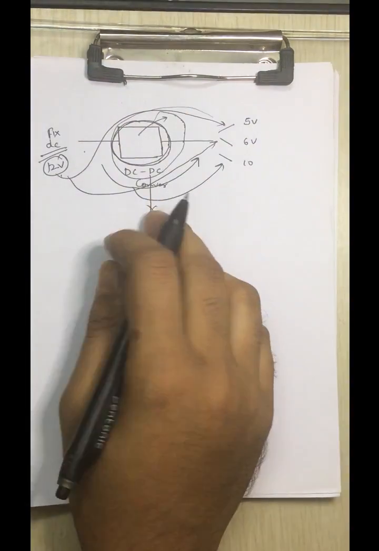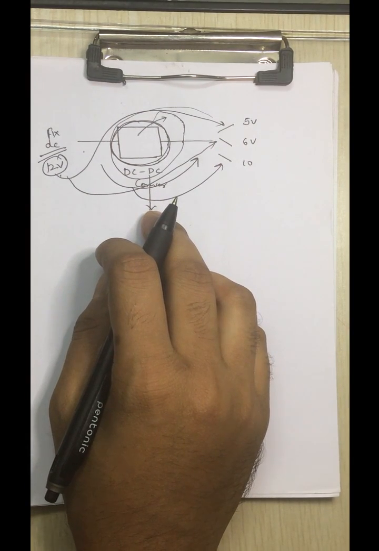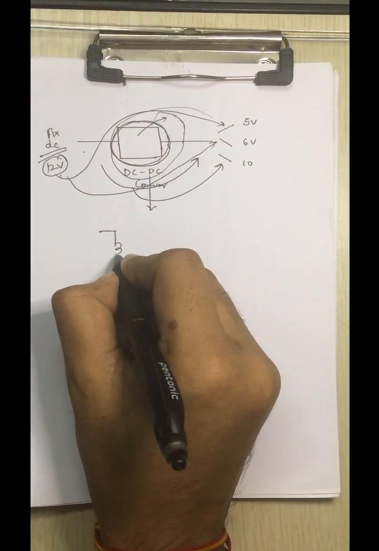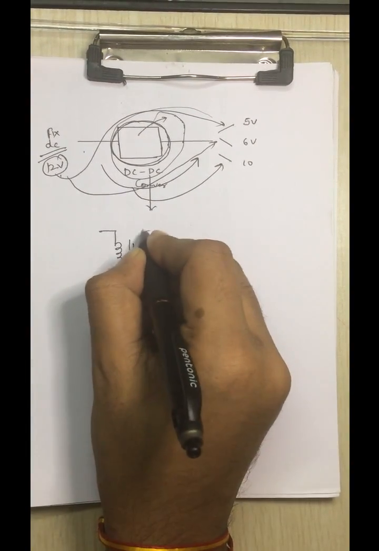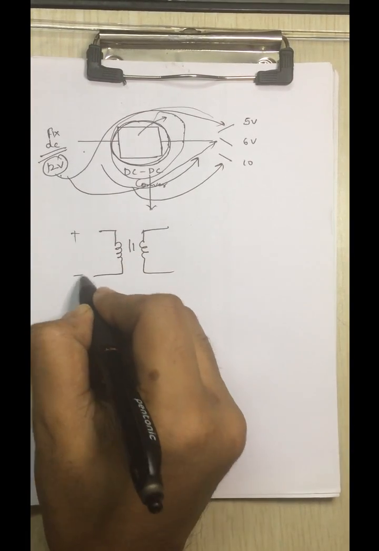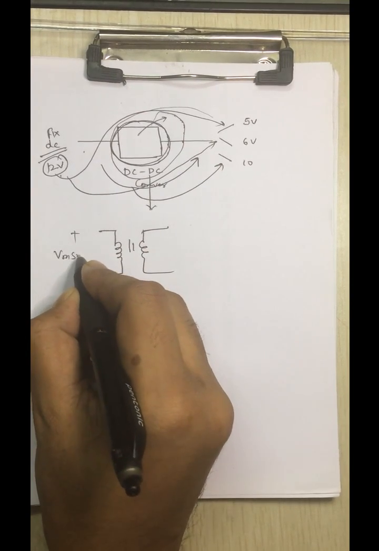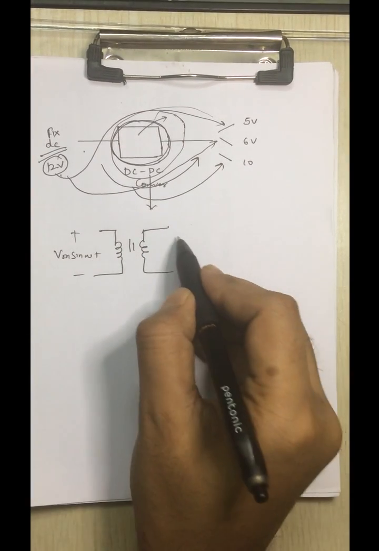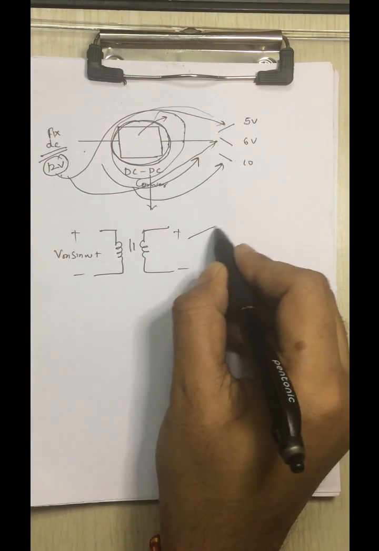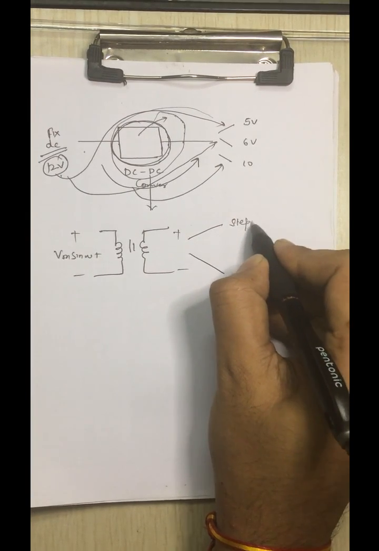Before I go into detail of the DC-DC converter, I would like to discuss the transformer. In the case of the transformer, at the input side we are applying a sinusoidal waveform, that is Vm sin omega t, and at the output we are getting either step up or step down.